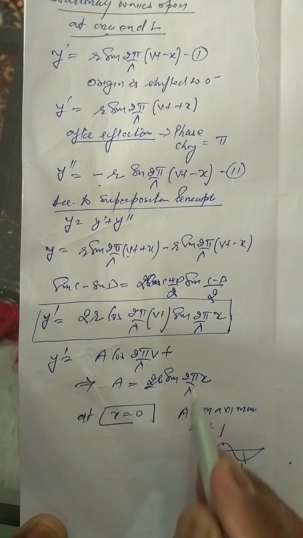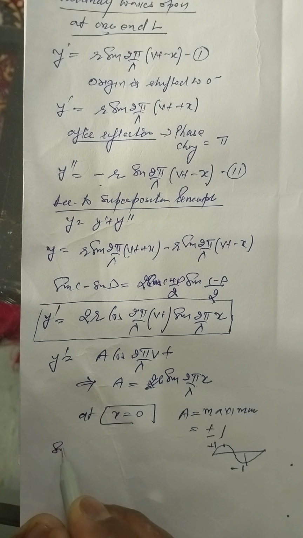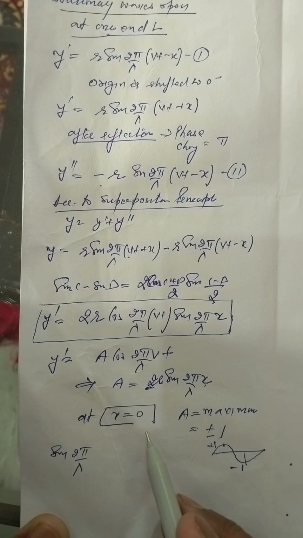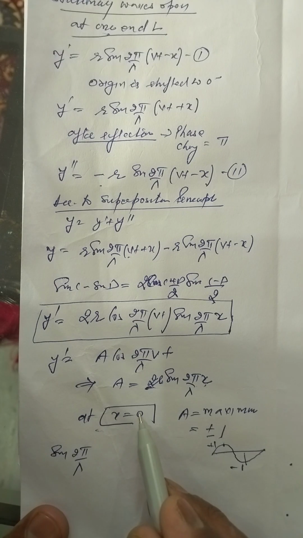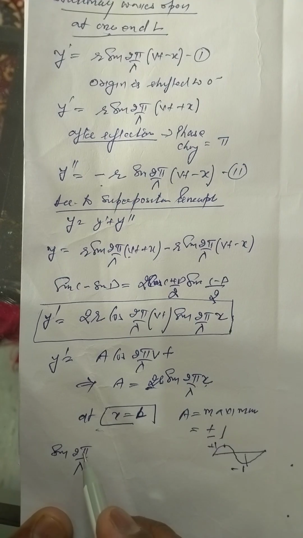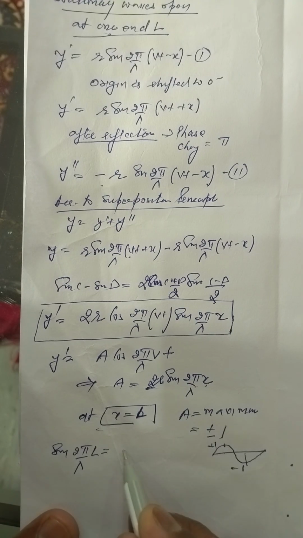These are constants, only the sine angle is variable, and in place of x I will write x = L. At x = L it will be maximum, so sin(2πL/λ) = ±1.